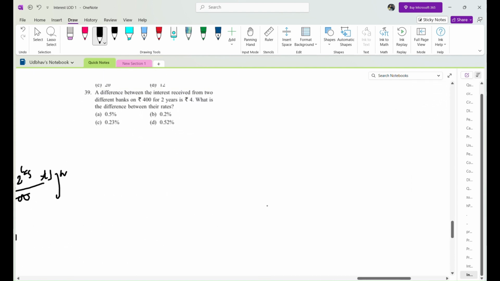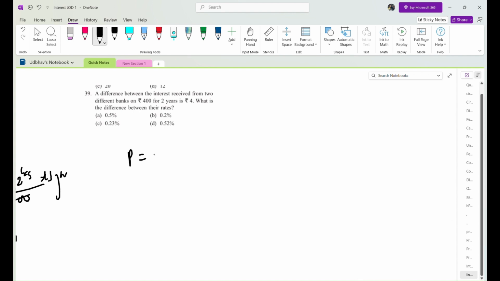Next question. The difference between the interest received from two different banks on 400. So the principal is again the same, 400 for 2 years. Okay, so the rate is different. Let's say the rates are R1 and R2.